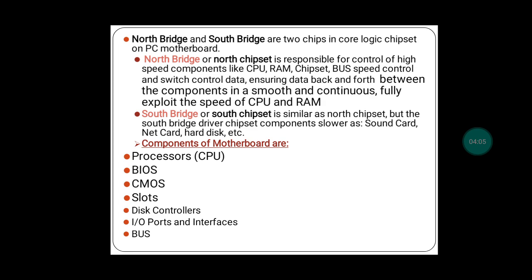Remember, here we are studying components of motherboard, and this question can be asked in your examination. List the components of motherboard. So you need to write processor, BIOS, CMOS, slots, disk controllers, input output ports and interfaces, and bus. Now we will see one by one in detail what are these.